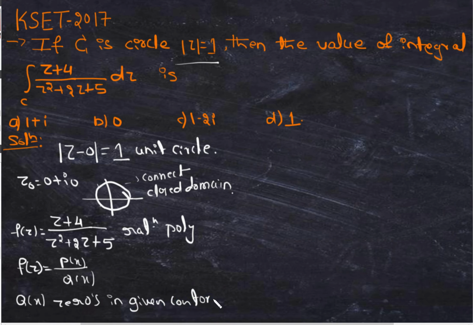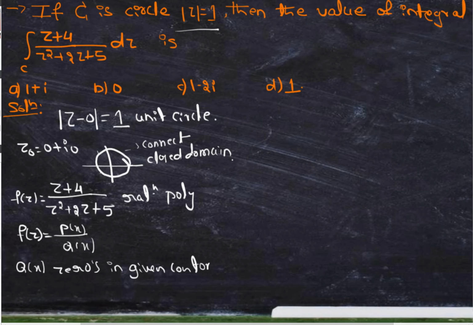If q(x) has zeros, then they act as singular points for that rational function, and the function is not analytic. Now we check whether q(x) is zero or not. Comparing the given function with this standard form, q(x) is equal to z square plus 2z plus 5, which is a quadratic.